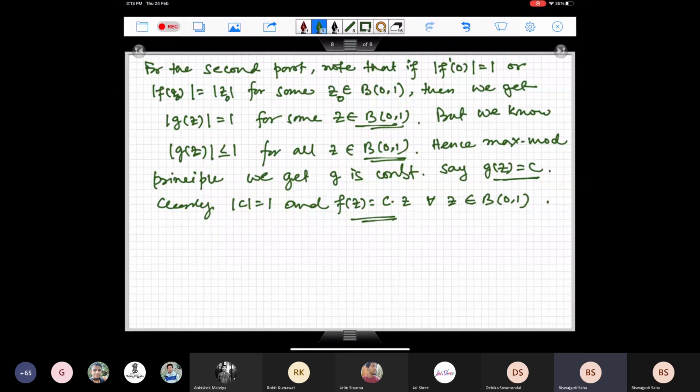There is no reason why I should only have 0 at 0. So I could have 0 at several other points. Let's say I could have 0 at some point a, where mod of a is less than 1.